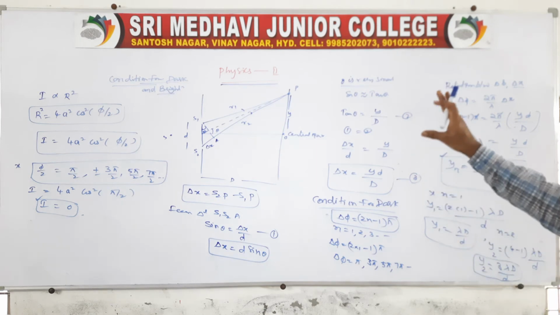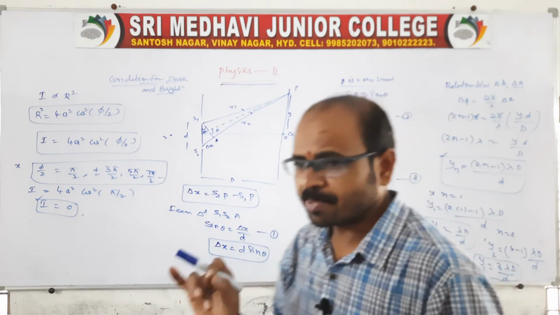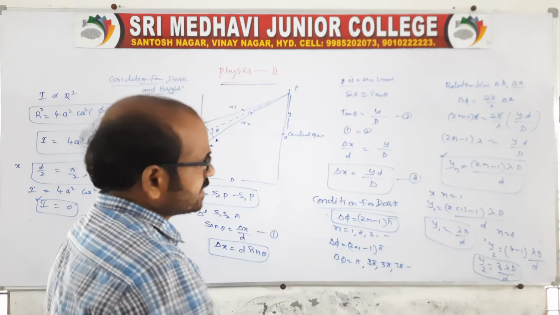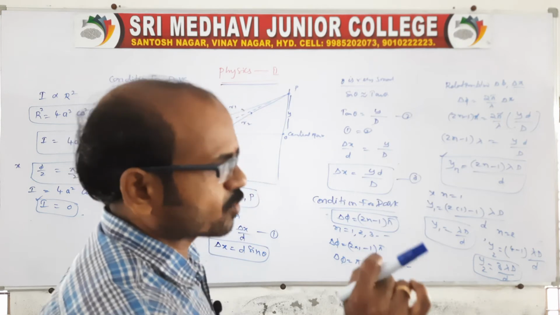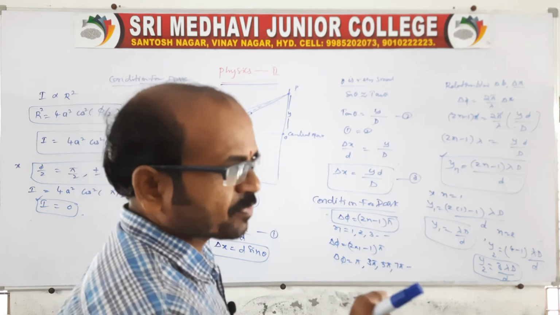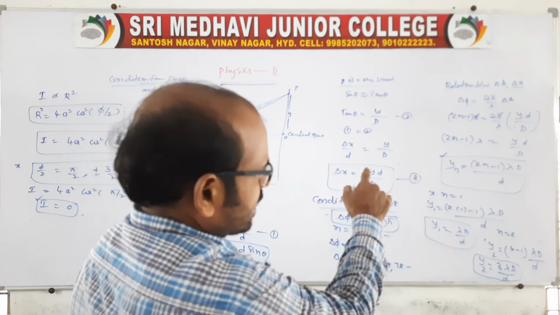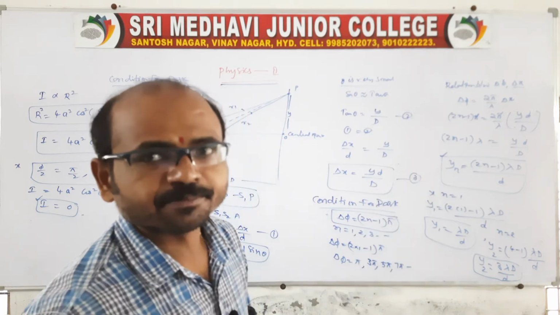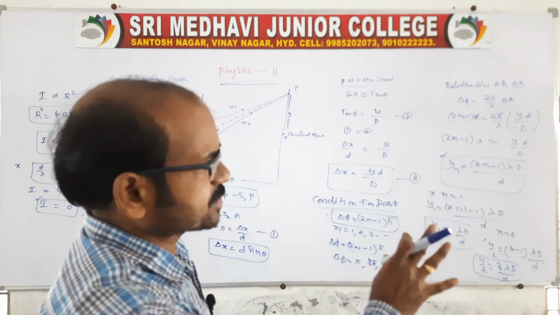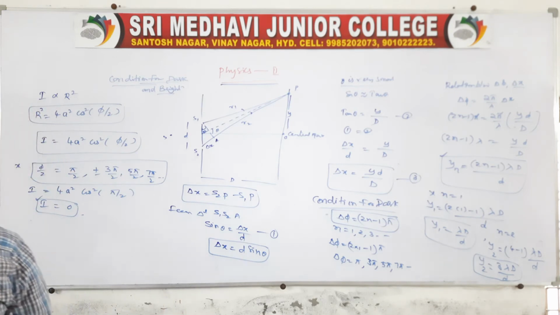So in this experiment, the condition for bright is y is equal to nλ capital D by small d, and the condition for dark is yn is equal to (2n − 1) λ capital D by small d. So these two are the conditions related to the bright and dark. Clear? And based on this, again we have other relations also.